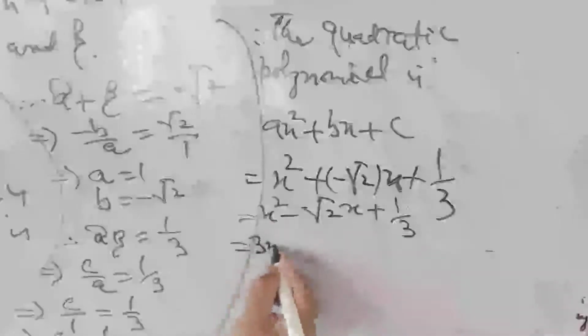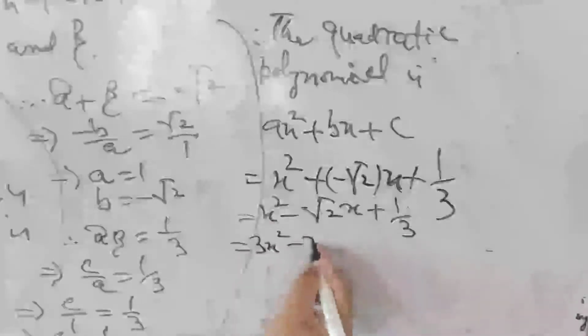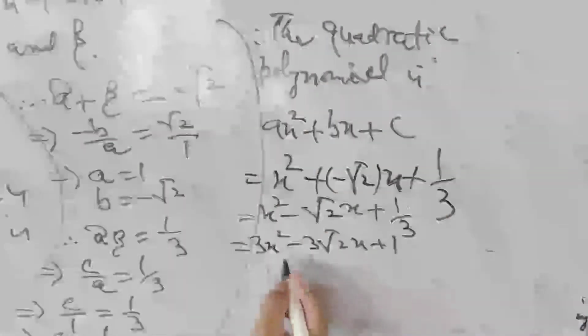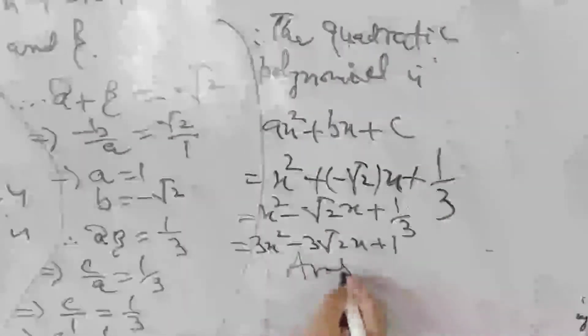We will multiply by 3: 3 into x square, that is 3x square minus 3 square root of 2x plus 1, which is equal to 0. So this is the quadratic polynomial.